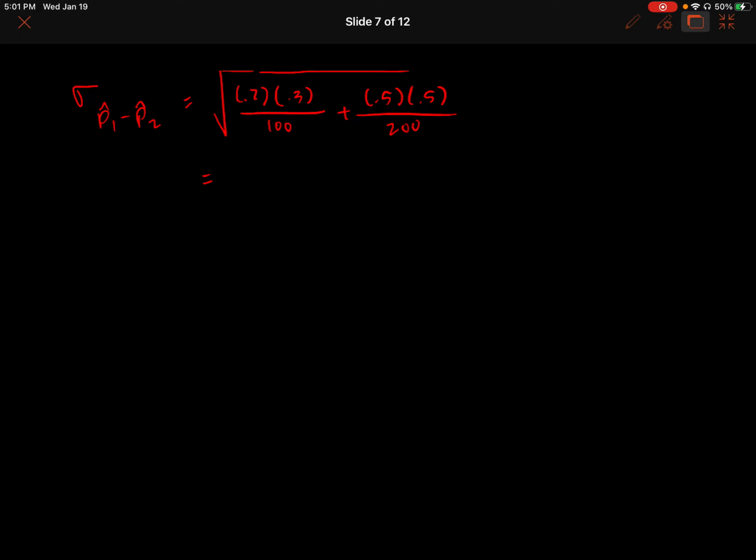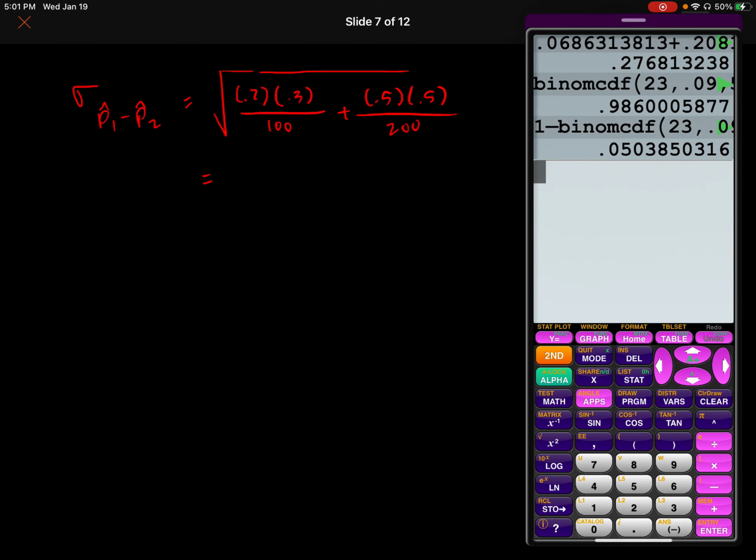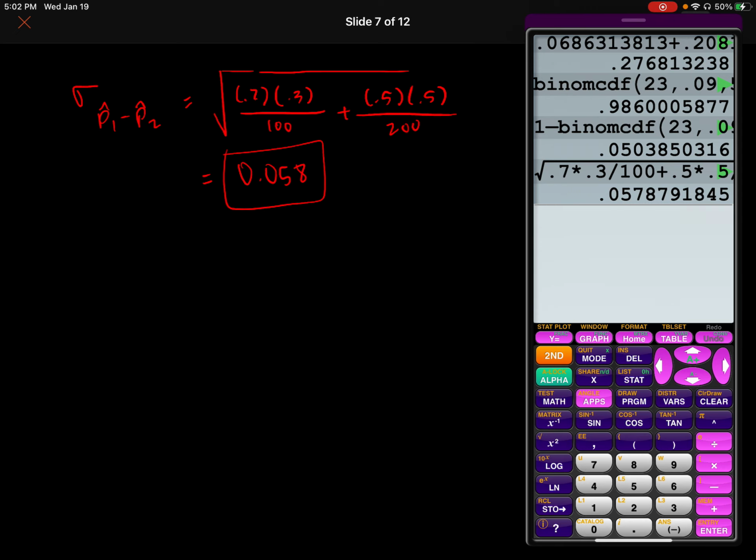So I plug all those in, and then I'm going to use a calculator to figure out what that equals. Square root of 0.7 times 0.3 over 100 plus 0.5 times 0.5 over 200 gives me 0.058-ish as a standard deviation.